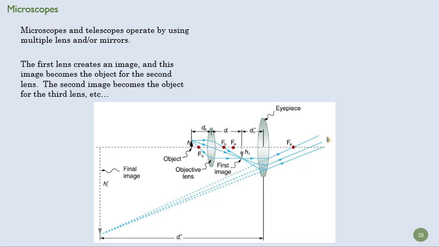But basically, it's a chain reaction sort of thing in which a first lens creates an image, and then that image becomes the object for a second lens. And so we can actually analyze a microscope or a telescope by looking at one lens and figuring out how much it's magnified or inverted the image, and then looking at what happens as it goes through the second lens.